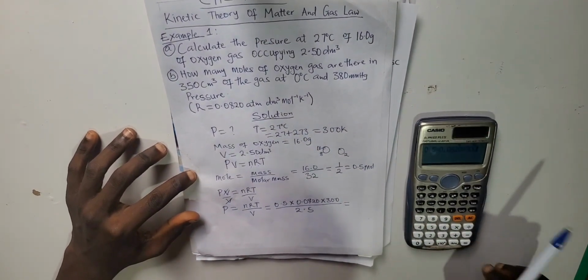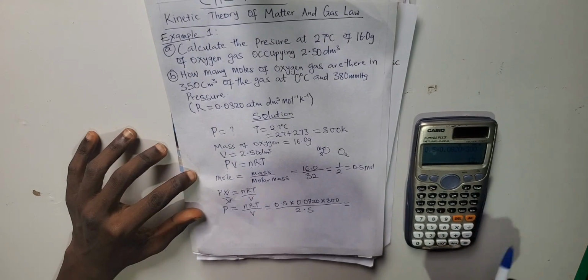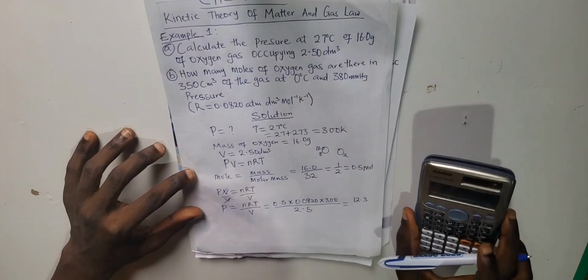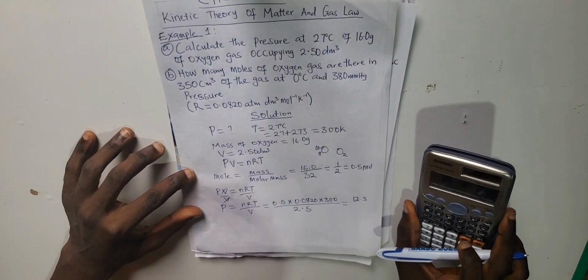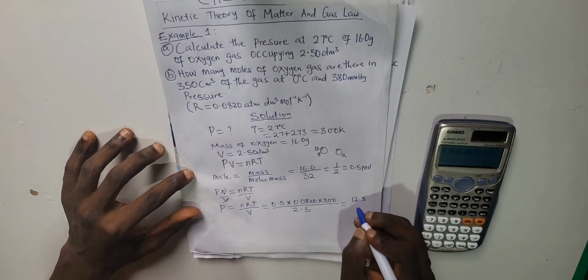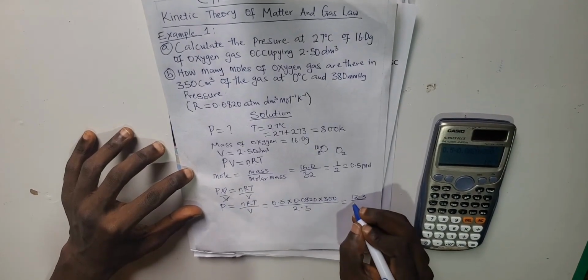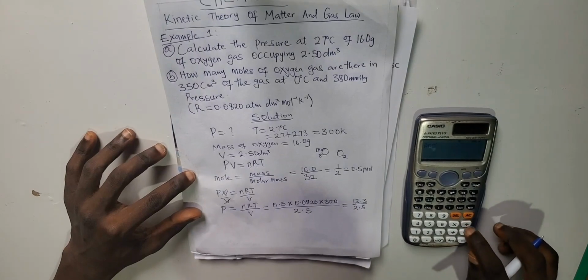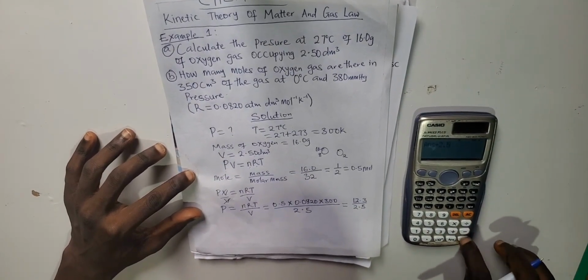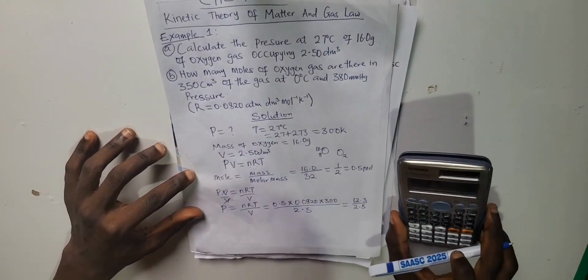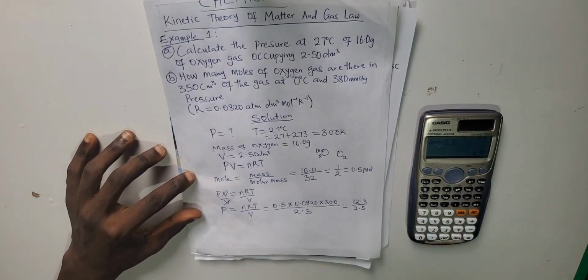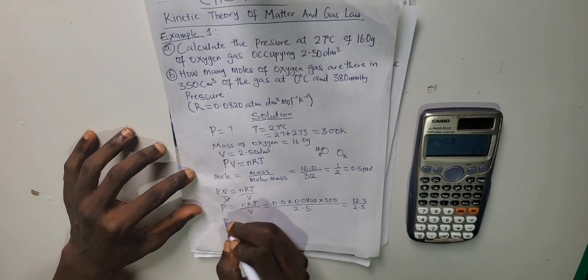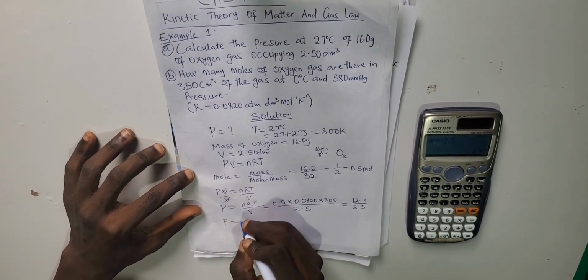This will give me, for the numerator here, 12.3. So I will have 12.3 over 2.5. That is my answer divided by 2.5. This will give me 4.92. So my pressure is equal to what?